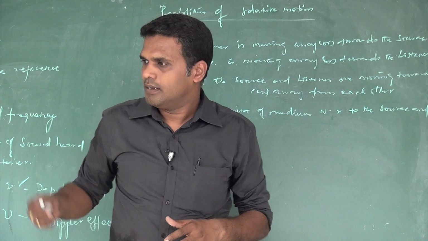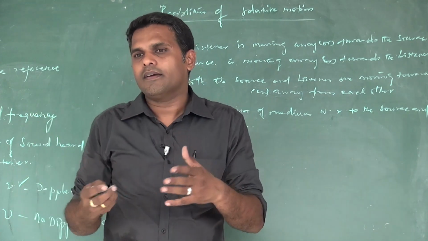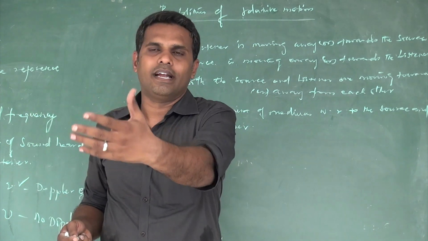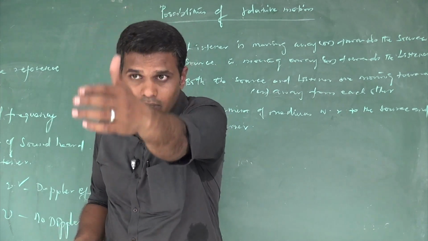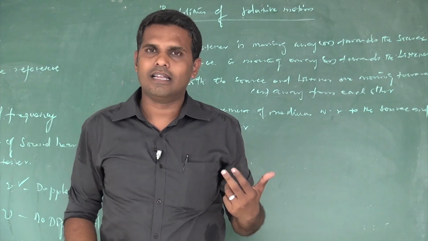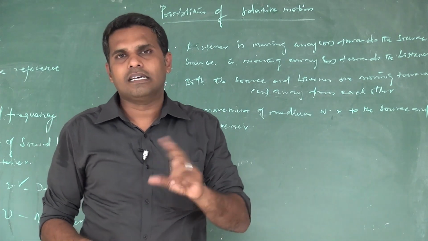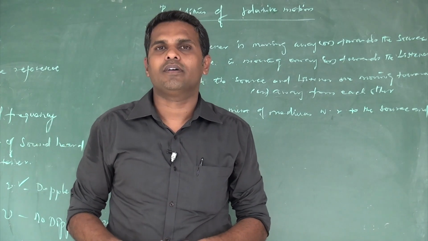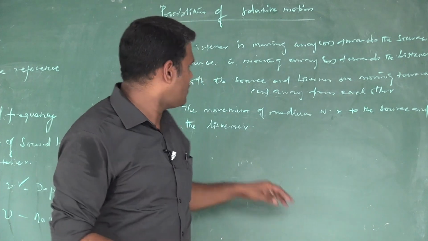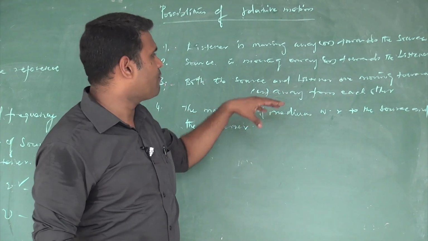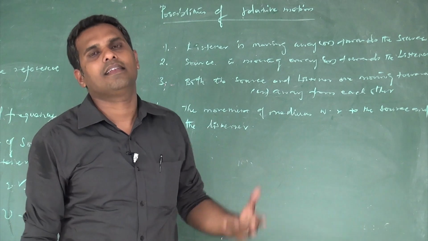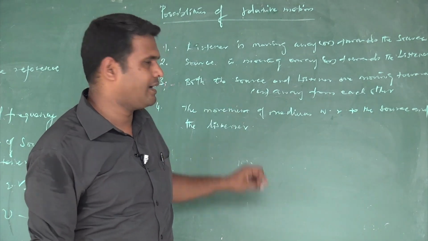If the air is blowing from the source to the listener, that is one idea. If the air is blowing from the listener towards the source, that is another idea. That also plays an important role in the change in the frequency of sound waves heard by the listener. So this is also an important idea.